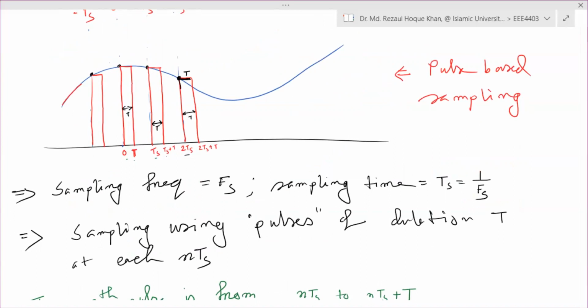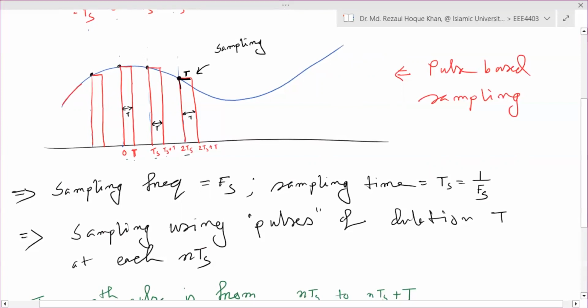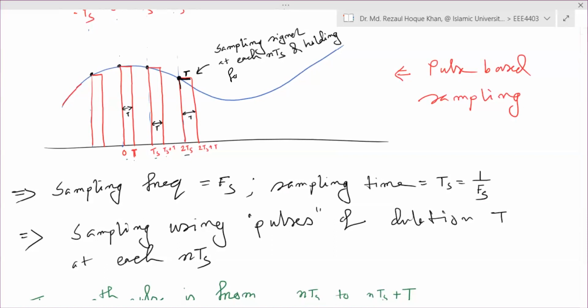Now, instead of momentary, the pulse duration becomes T, which means the pulse amplitude is held for duration T. So we are sampling the signal at each n TS and holding for duration T.